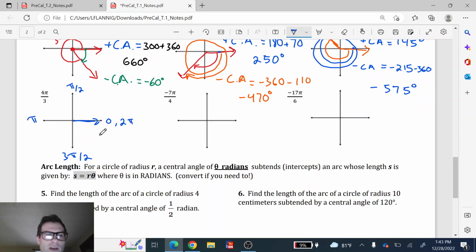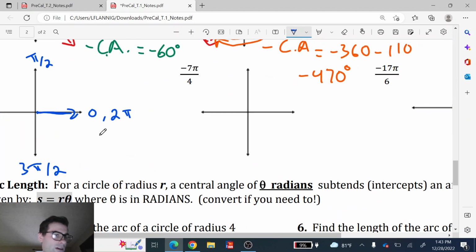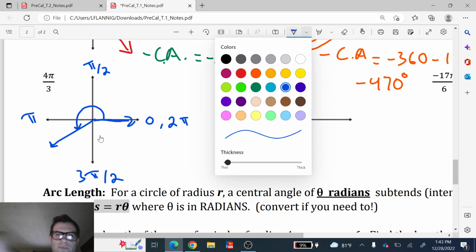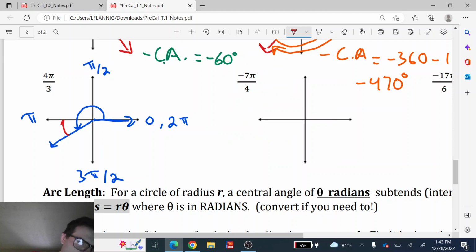And 4 pi over 3, think to yourself, is that above pi, below pi? Is it above or below 3 pi over 2? Well, we can tell that it's above pi, because 4 is above 3, but it's not quite 3 pi over 2. It's going to be somewhere in the middle right here. So we know this is the normal angle. Our reference angle is this angle right here, and we want to get to pi.